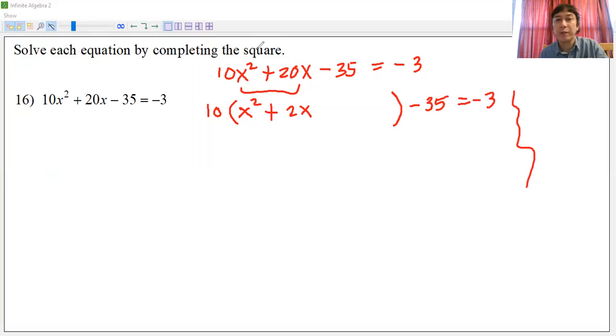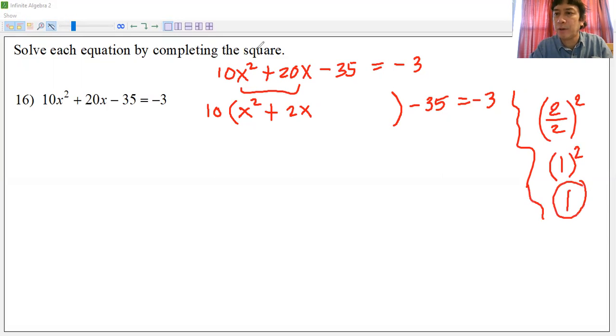We are now ready for the x squared plus 2x. We will now concentrate on the number 2, that number beside the x. We'll divide it by 2. The result is squared. So 2 divided by 2 is 1, and then squaring 1 is just 1. This is our number. Our number 1 will be added and subtracted. So plus 1 minus 1 there.